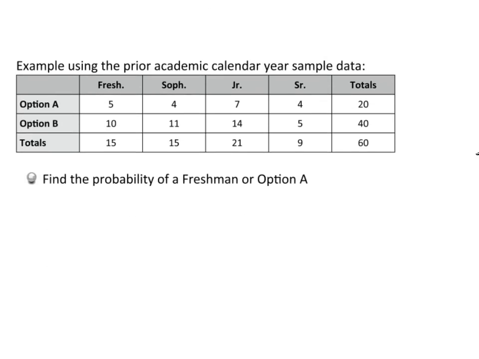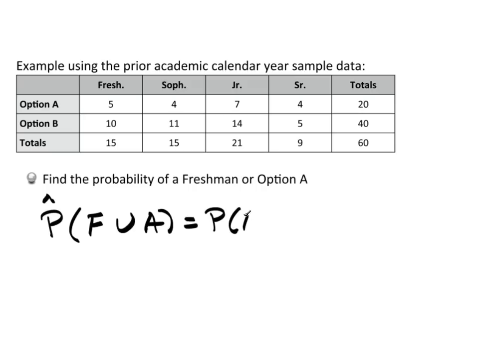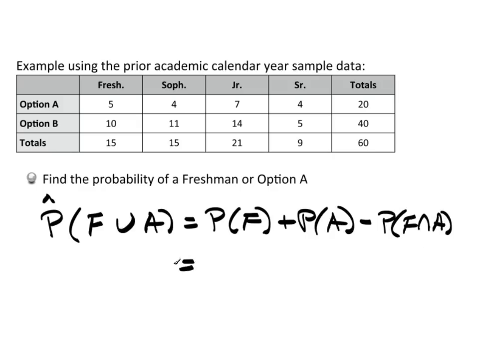Now, this is the prior academic year, the sample data that we used earlier. So find the probability of freshman or option A. So this is the probability, and I should do this as empirical, of freshman or A. This is going to be equal to the probability of a freshman plus the probability of option A minus the probability of freshman and option A. So probability of freshman, here's the freshman total. There's 15 out of 60.